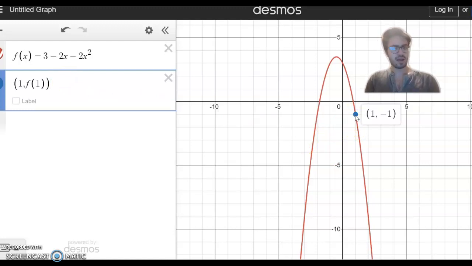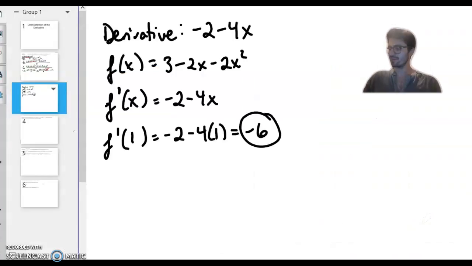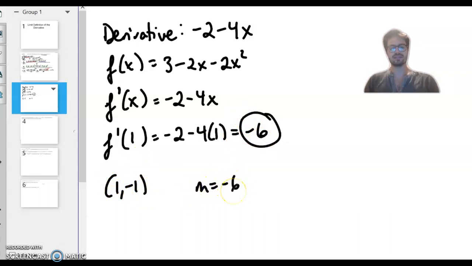Well, if I go back now to this, I know the slope is negative 6. So if I want the tangent line, I want the line at 1, negative 1 with a slope of negative 6.